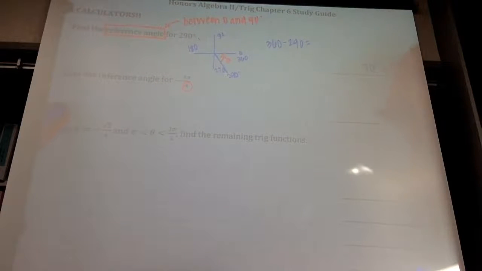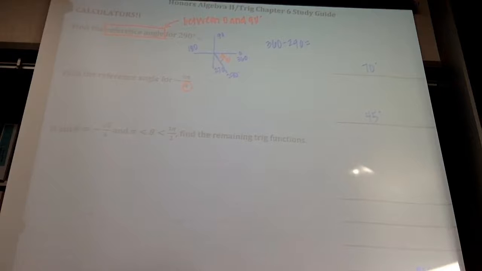Let's say the denominator was 3. Well, then it would be 60 degrees. If the denominator was 6, the reference angle would be 30. So 4 is 45, 6 is 30, and 3 is 60. Okay, so on to number 3.